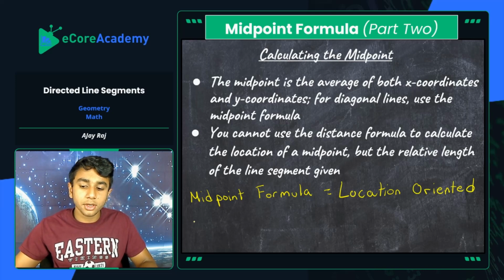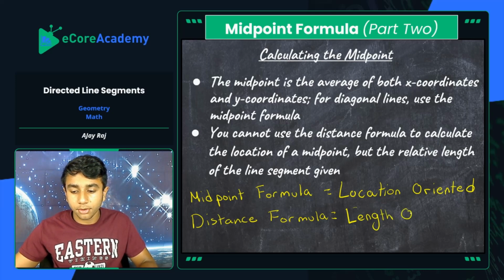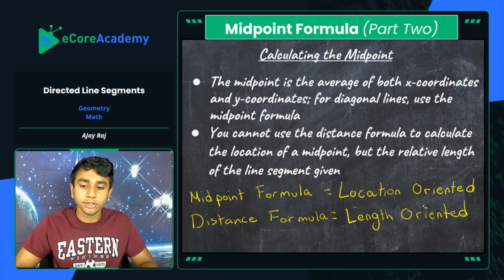However, distance formula is length oriented. I'll say this length oriented because I don't want to reiterate distance, but it's length oriented and it does not apply location, unlike midpoint formula implying both variables. So that's important to know in this comparison. All right, let's move on.